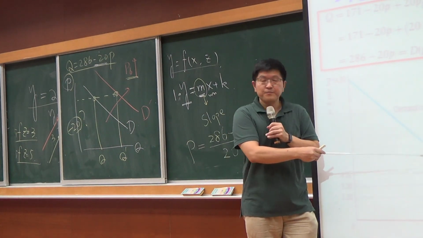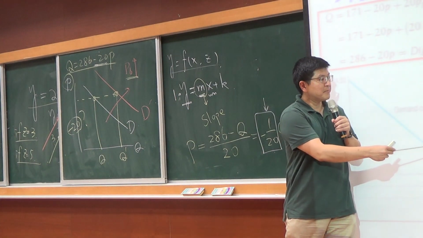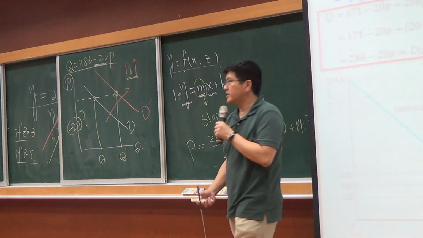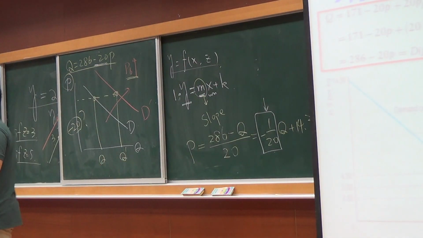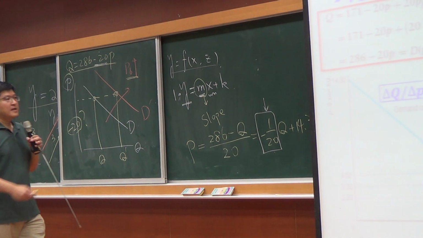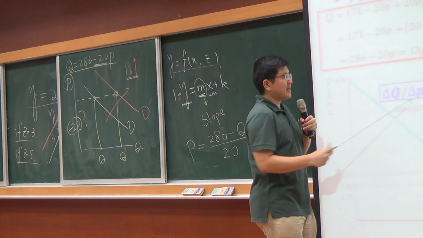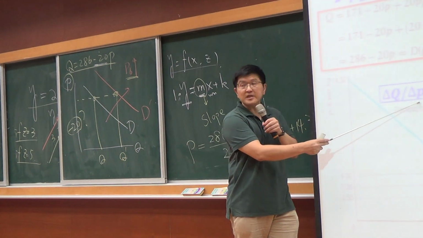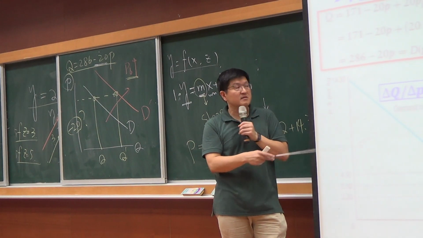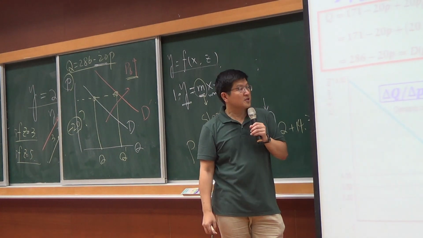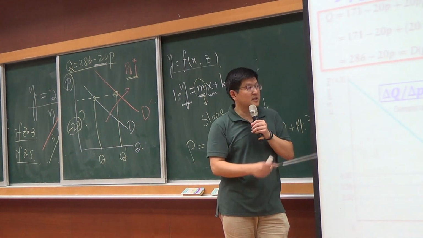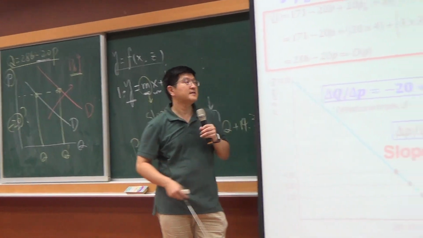The slope, defined as delta P divided by delta Q, equals negative 1/20. And negative 20 is actually delta Q over delta P. This does not satisfy the definition of slope. This is the definition of slope. This is not. Okay?